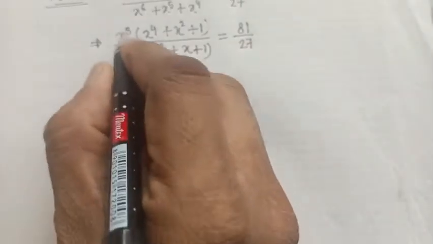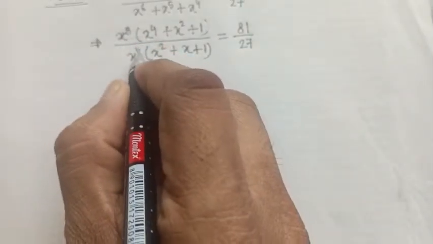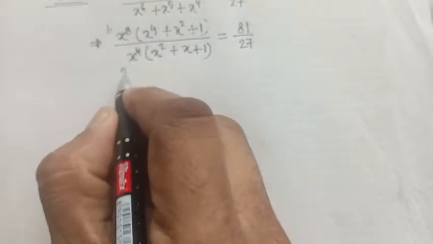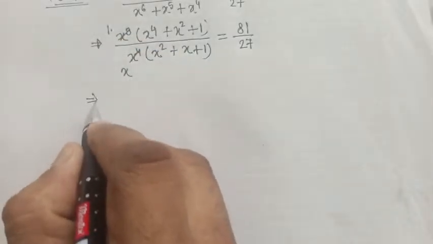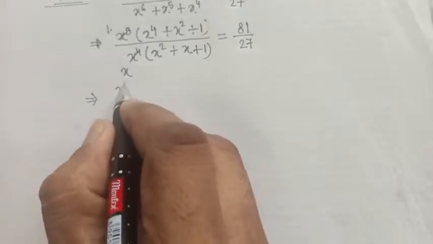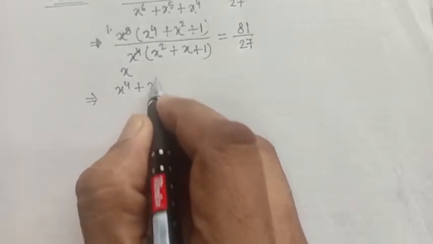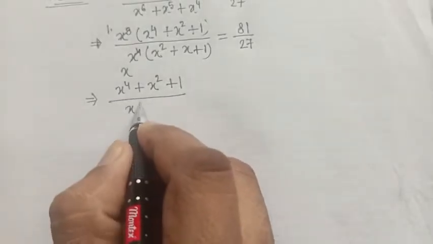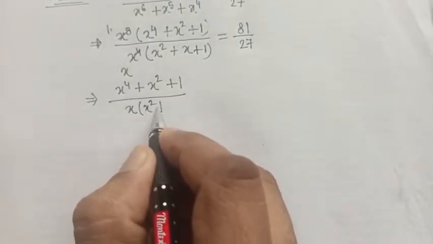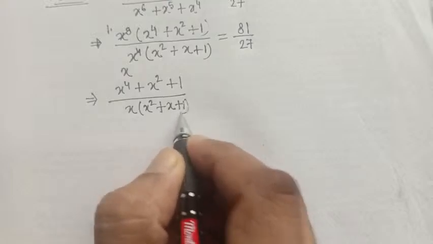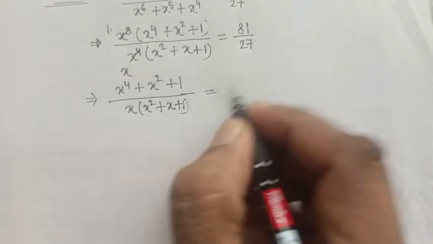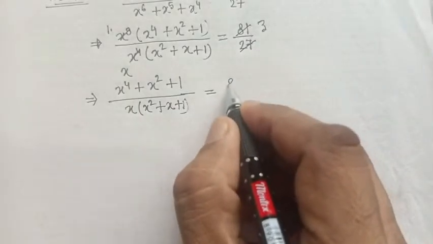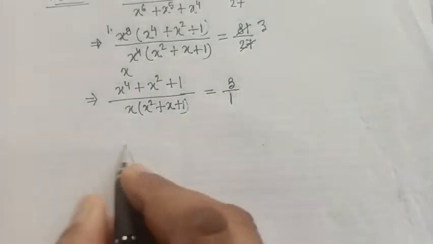Now here, cancel out by x cubed, it will be 1 and it will be x. Then the rest part will be (x to the power 4 plus x square plus 1) by x into (x square plus x plus 1). It will be cancelled out like 3, so we can write here 3 by 1.